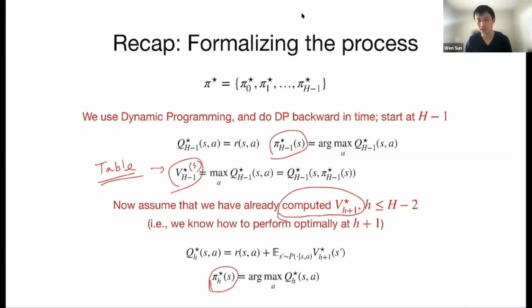At this time step, I'm trying out all the actions, and once I try an action, I follow the optimal policy, which by the inductive hypothesis I've already computed. So this should be the best policy, because otherwise you're saying that starting from H plus 1 there might be a better policy, but that contradicts our inductive hypothesis.